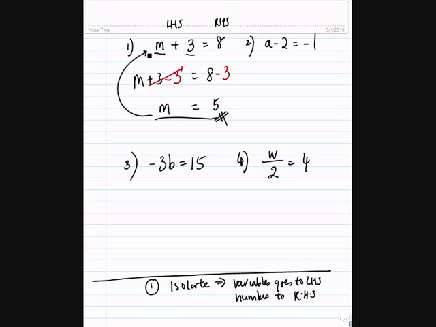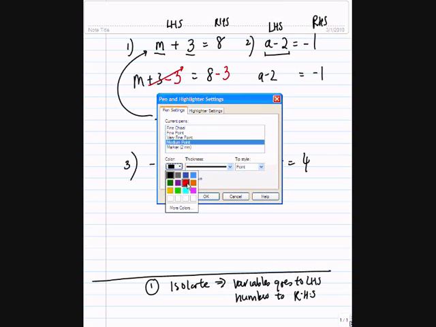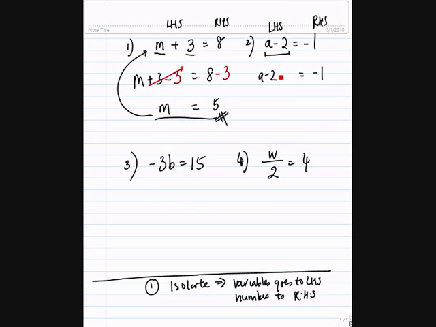Alright, so now let's try solving question 2. In this case, the equation involves subtraction on the left hand side. So again, following the same rules, the variables will stay on the left hand side, the numbers will have to shift to the right hand side. In this case, I have a minus 2 here. So in order to make the minus 2 on the left hand side disappear, what do I do? I would have to introduce a plus 2 to the left hand side.